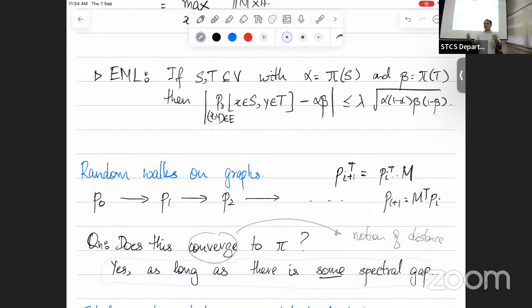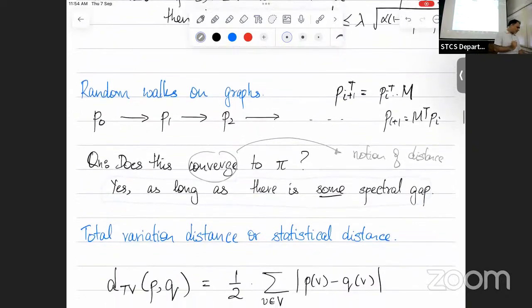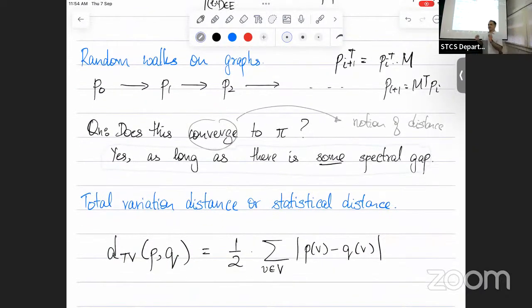But sometimes, depending on what you intend to use this for, there are certain standard definitions you may want to work with. And one definition that works all the time, a very important definition of distance between two probability distributions, is what is called total variation distance.